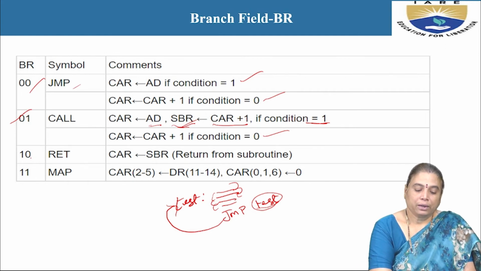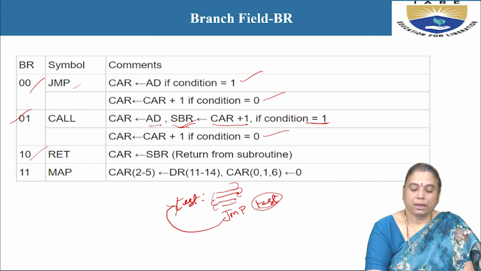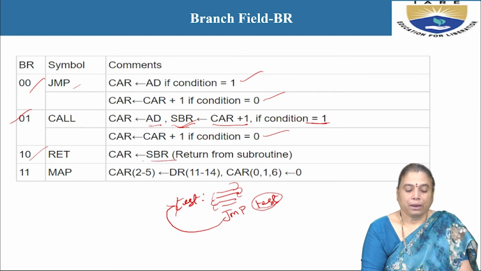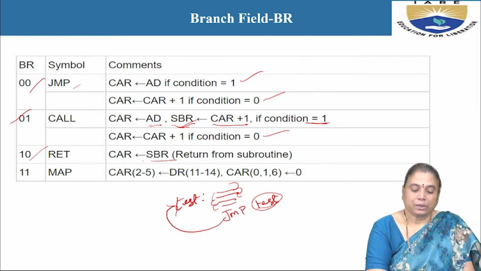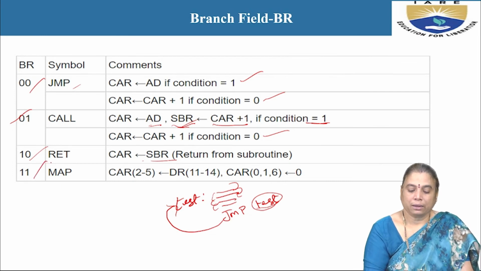When the BR field contains 10, the RET return statement is observed. So the return address that was saved in the SBR during the call statement is moved to the CAR. Next, whenever the branch field consists of 11, map, address mapping is done.